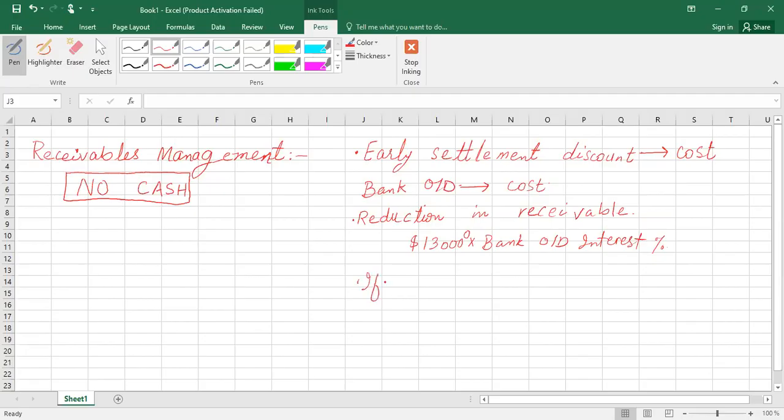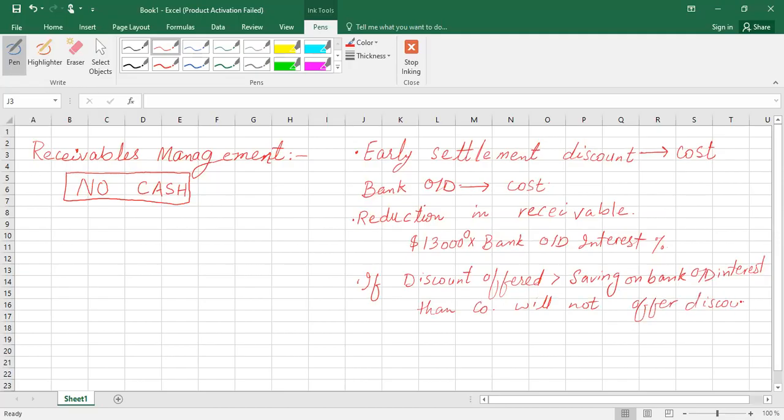So if discount offered, which is a cost for the company, is greater than saving on bank OD interest, then company will not offer discount, because saving is less than the cost, or vice versa.